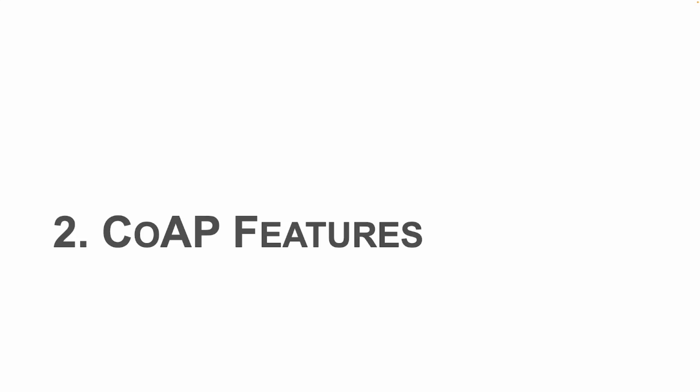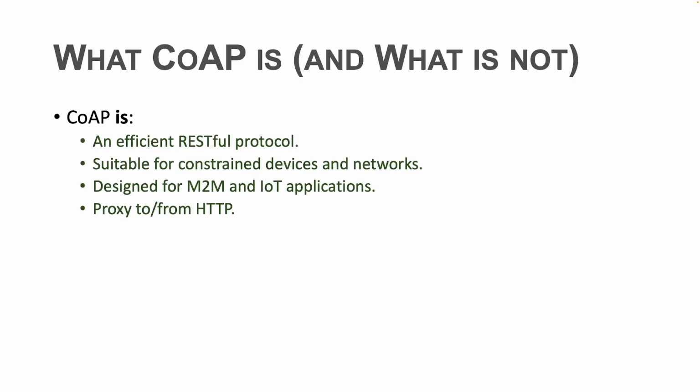Let us now proceed with the second part of this video, which is the CoAP features. Before going through the main features of CoAP, let's check what CoAP is and what it is not. Well, CoAP is a very efficient REST protocol which is suitable for constrained nodes and networks.